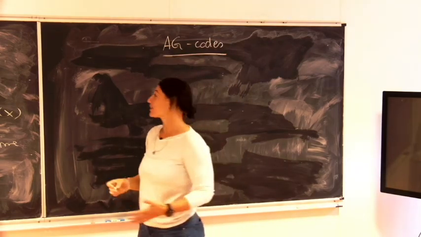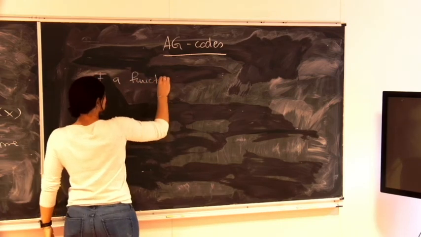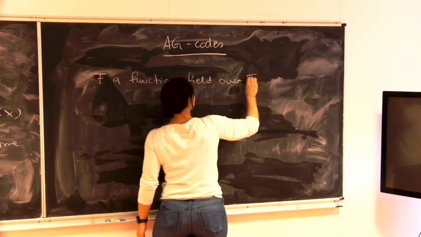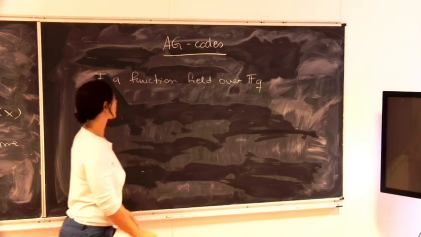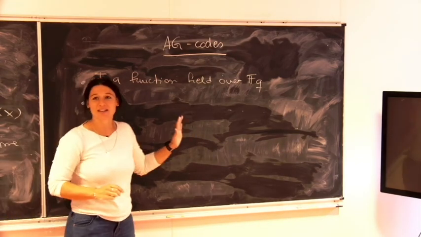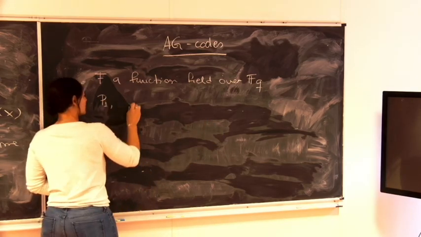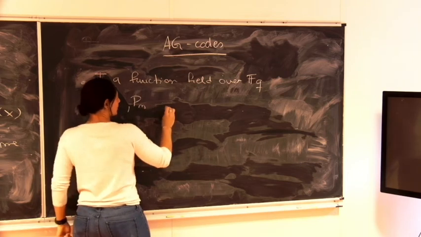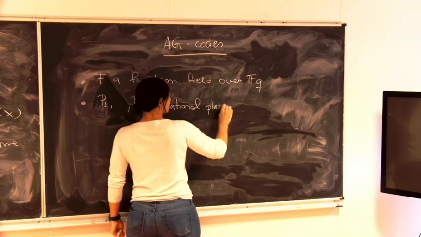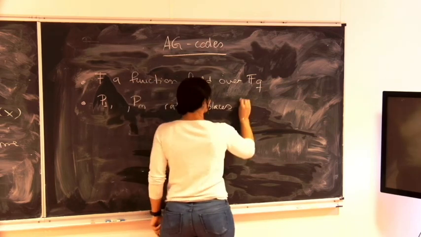So we will start with F, a function field over FQ. We will pick n rational places, P1 to Pn, which are different one of each other. I don't want to have many copies of the same.